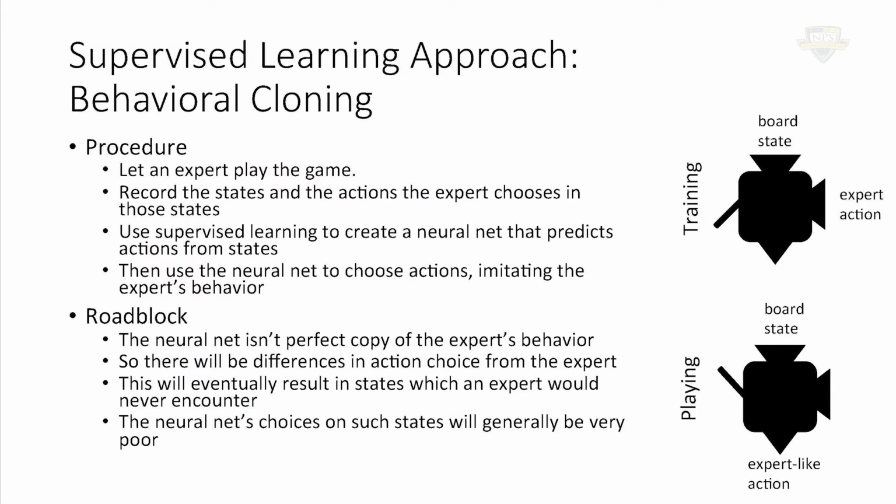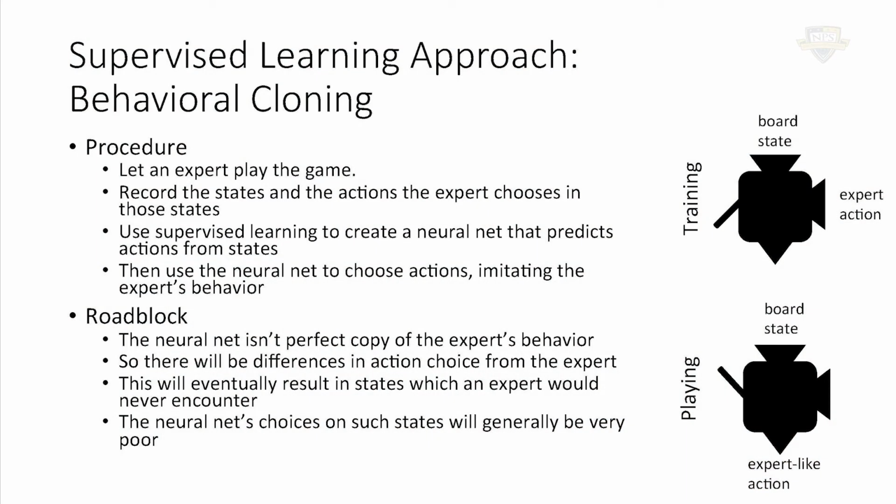Okay, what could be wrong with that? It could be perfect, ideally. But the problem is that for a complicated problem, maybe for my little toy problem you could do it, but for a real world problem, a neural net is never a perfect copy of an expert's behavior. Never. There are always going to be at least slight differences, and those slight differences build up. The result over time is that this system is going to be presented with board states that are problematic.